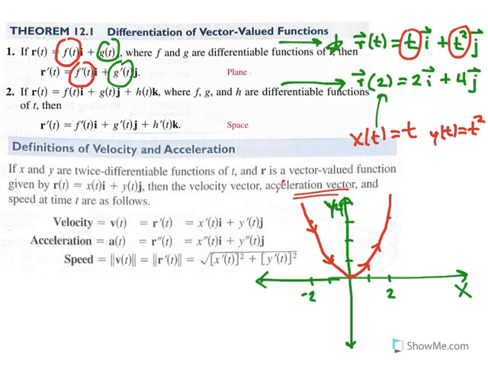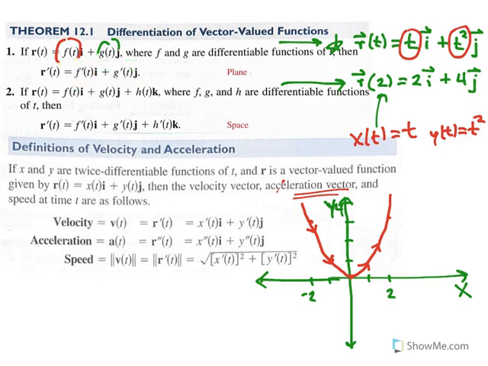And the acceleration is, of course, the derivative of the velocity vector, or the second derivative of the position vector. So you have x double prime of t, where x of t represents the x position of the object at time t, multiplied by the standard unit vector i, plus y double prime of t multiplied by the standard unit vector j.